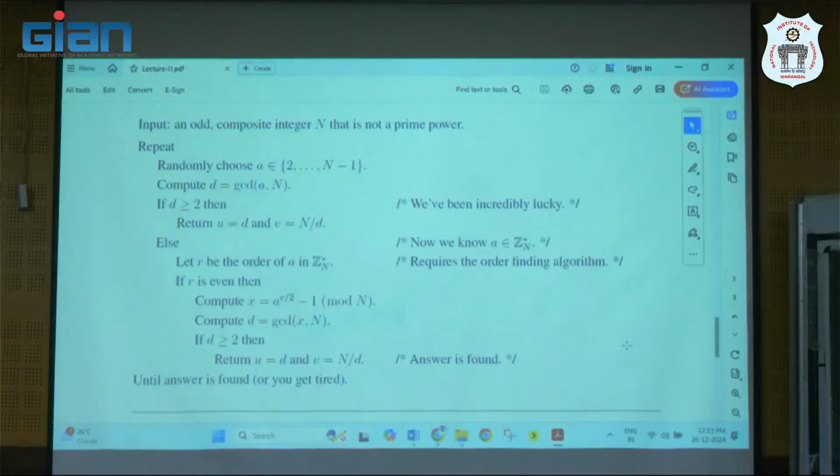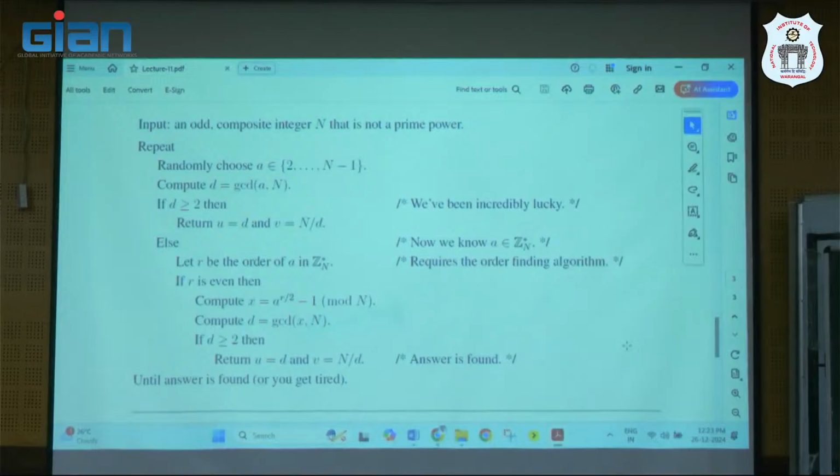Now, if my number n is, I am interested only in finding one factor. If it is even, it is easy, no? 2. So that is out. Okay, interesting case, n is odd. Another thing, if n is a prime power, also it is easy.